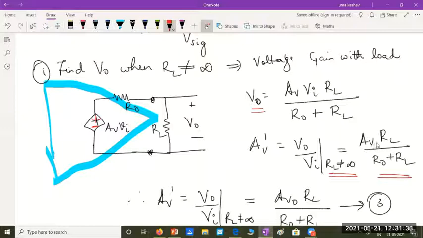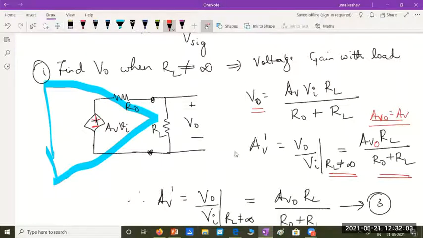And this AV is nothing but AVO. Remember, AVO is equal to AV here. Open circuit voltage gain is nothing but AV. So open circuit voltage gain times load resistance divided by the sum of the output resistance of the amplifier and the load resistance. This we call the voltage gain with load.